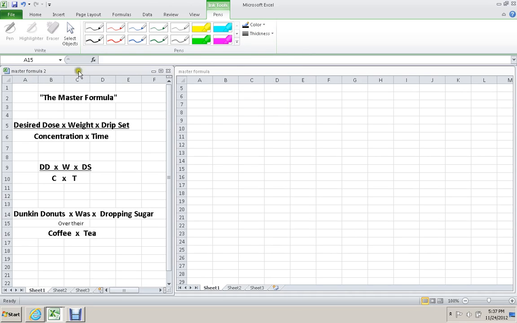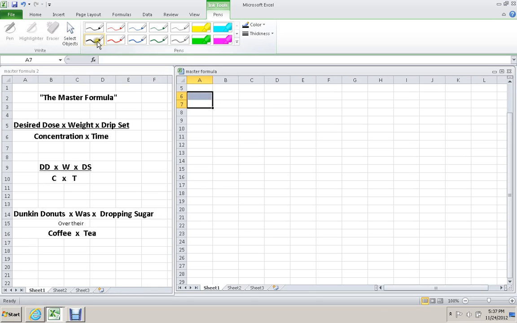The desired dose we're given is 3 milligrams. And the time is, we want to do that over 1 minute.